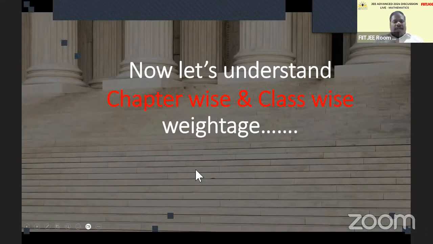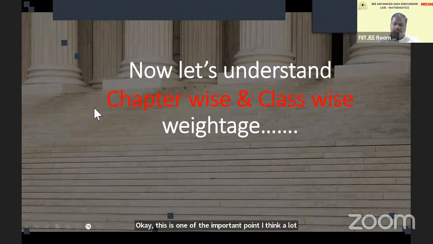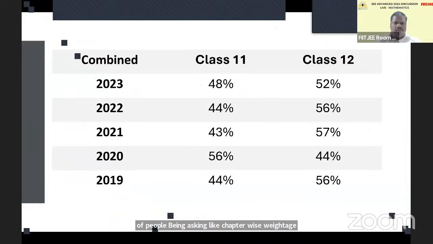Okay. This is one of the important points. A lot of people have been asking about chapter-wise weightage and class-wise weightage, and a lot of parents get confused with that. So this is combined data which we have broken up for you year-wise. Again, we are giving you only the last 5 years' figures.